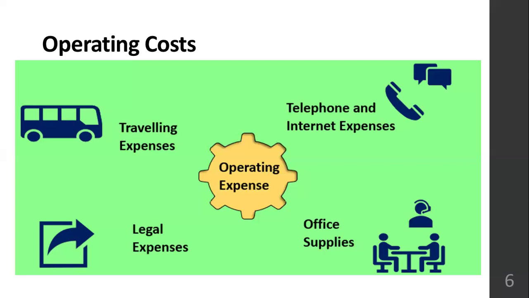Then office supplies, things that you require to run the hospital, like paper, pen, any forms. These things you get from the stationery shops, you have to buy them. Legal expenses, PR team expenses keep on changing. These are the different types of operating cost.